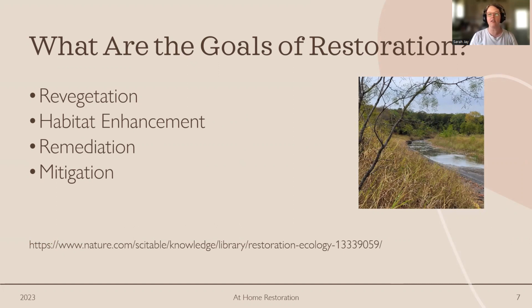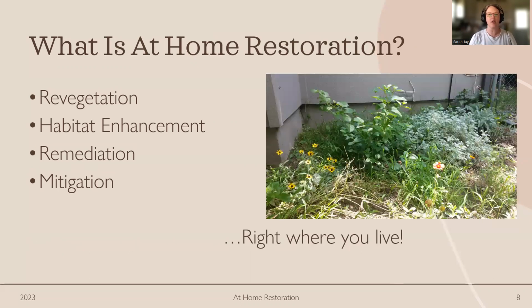And then mitigation is when legal factors come in. So maybe a municipality says, in order to be Tree City USA, we have to have this many trees in a square mile. At-home restoration is all of those things at home. The mitigation factor comes in when you have programs like wilderness certifications that give you a tax break on your land, or when you make your front yard a monarch way station.